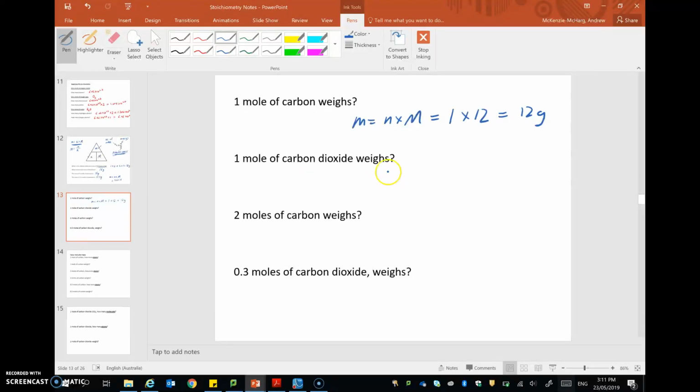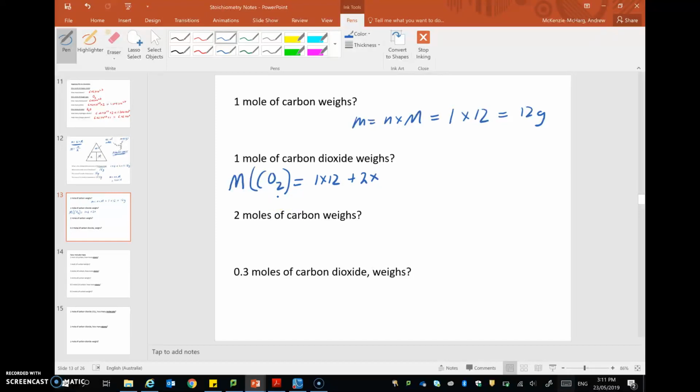1 mole of carbon dioxide. Okay, so carbon dioxide, CO2. Now we can use this notation here. I'm going to go capital M, molecular mass of CO2 is equal to, okay, so we've got 1 lot of carbon in this molecule plus 2 lots of oxygen. Now oxygen, have a quick look in the periodic table if you haven't already.